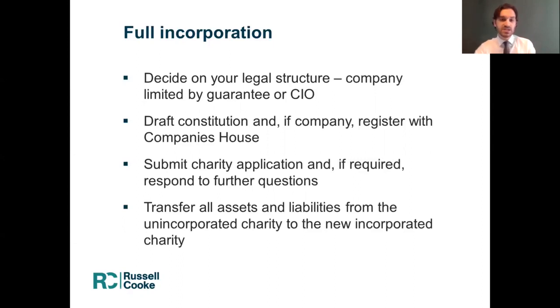A few points potentially in favour of a company. Companies can sometimes find it easier to borrow money when dealing with banks because Companies House maintains a register of charges. Companies can sometimes make certain amendments to their constitutions more quickly than a CIO can, because a CIO has to wait for the Charity Commission to record the change.